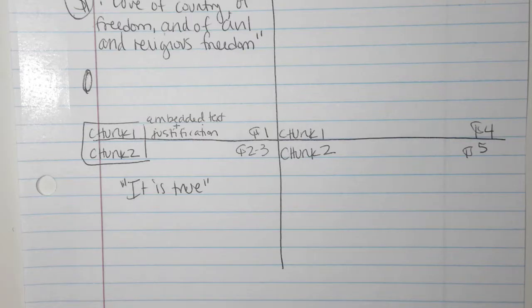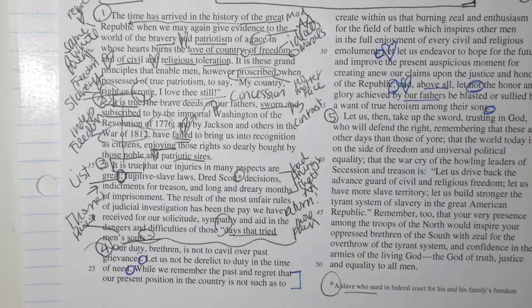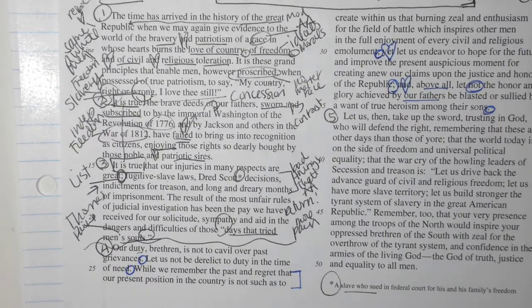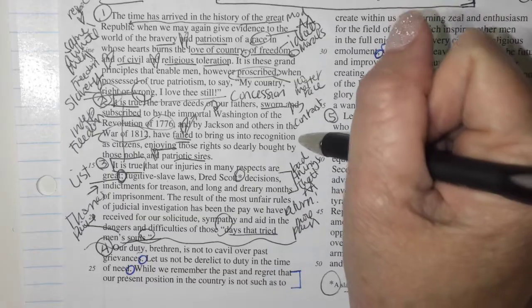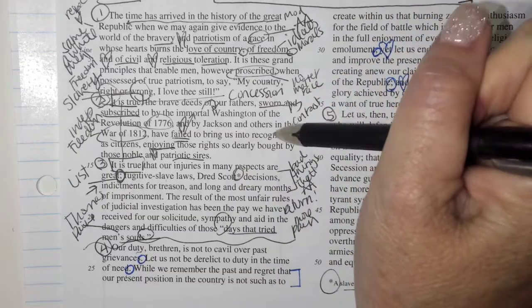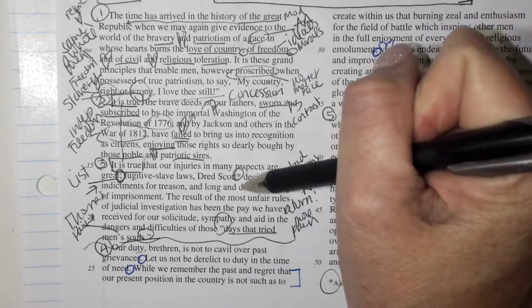All right, talk to me about evidence. What'd you find? Jace, what do we think? So in the second paragraph, when he says the forefathers have failed to bring us into recognition as citizens, that is kind of summing up the point of 2 and 3. So that would be the most powerful, because he's conceding to appeal to the African American audience.